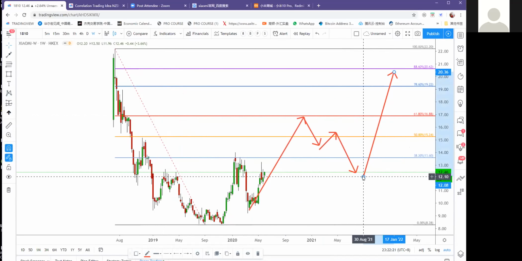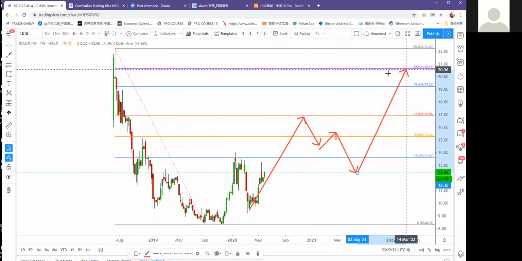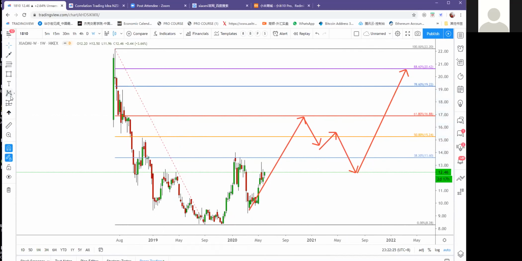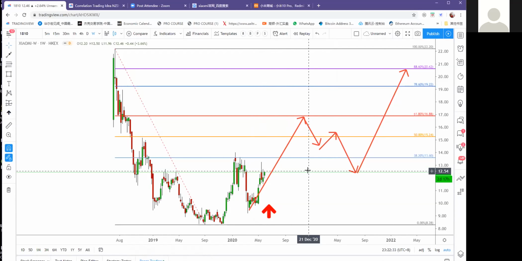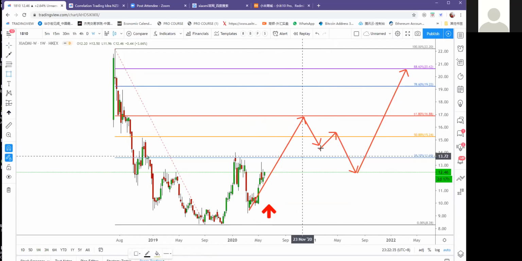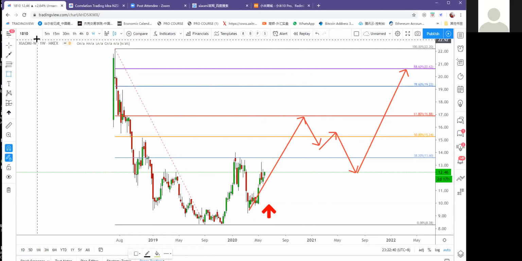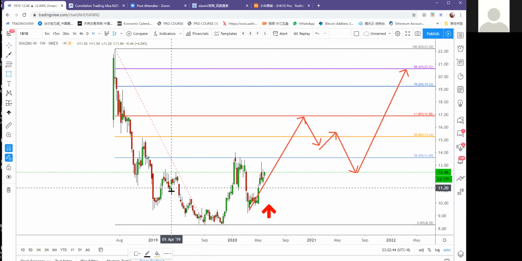This is my anticipation, how I anticipate the market will go. So yeah, buy Xiaomi and invest in this company. It's Hong Kong 1810. Good to invest, buy low.